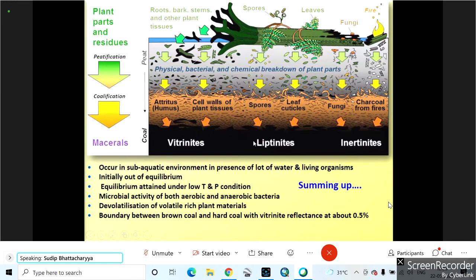When these materials catch fire, or lie above the groundwater table and are decomposed by fungus, ultimately they give you inertinite. The name suggests it is inert, that means no chemical composition or molecular rearrangement will take place in inertinite.